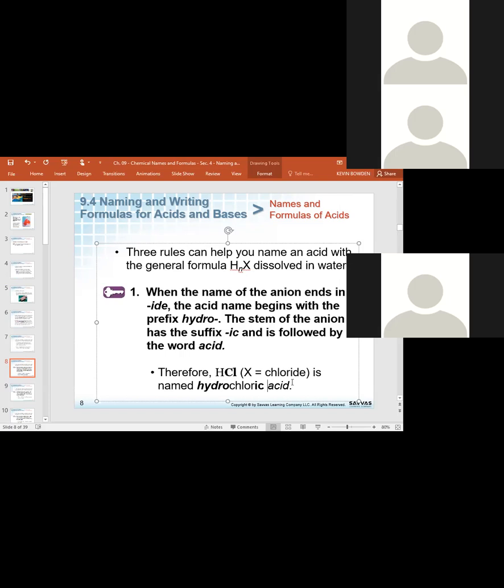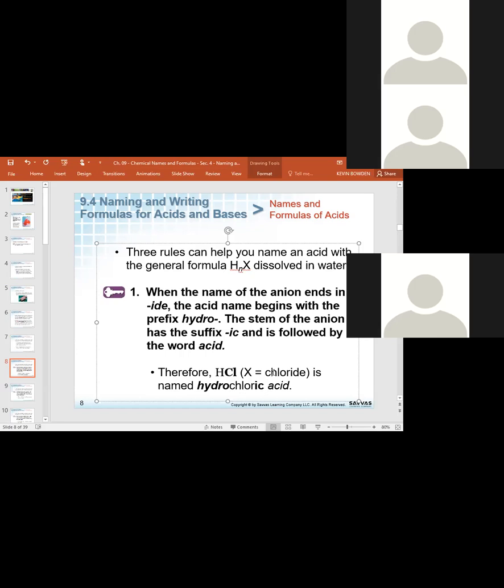If it has just a monatomic anion, it will have an ide, and you take away ide and add hydro and ic. So hydrobromic acid for bromine, right down the list, hydroiodic acid, hydrofluoric acid, and so on and so forth.